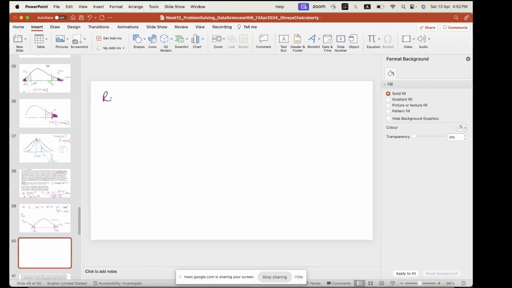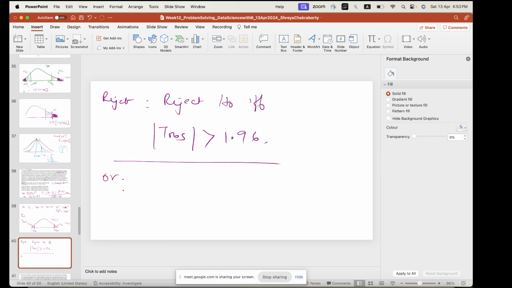So the rejection rule is: reject H naught if and only if mod of T observed is greater than 1.96. Either this, or the probability of mod T greater than T observed is less than alpha. This is nothing but the p value, that is probability T greater than T observed plus probability T less than minus T observed.